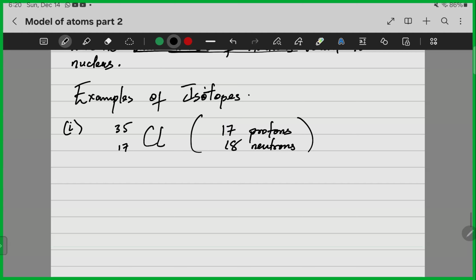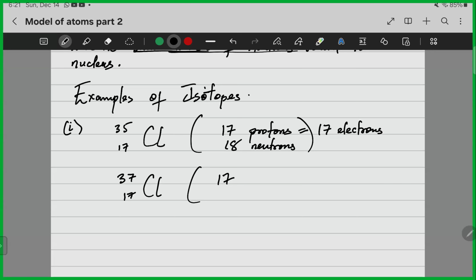And there is another chlorine, chlorine-37, with 17. These are real life isotopes. This one has 17. Now, you know that once it has 17 protons, it also has 17 electrons. That's just natural.